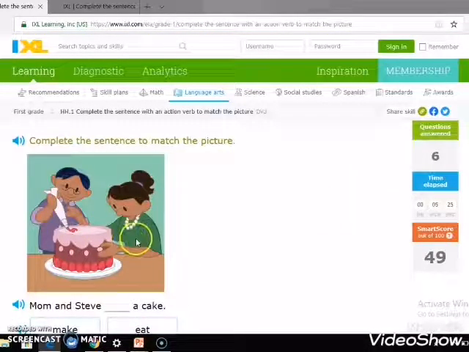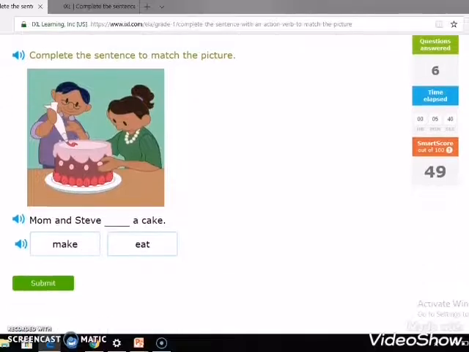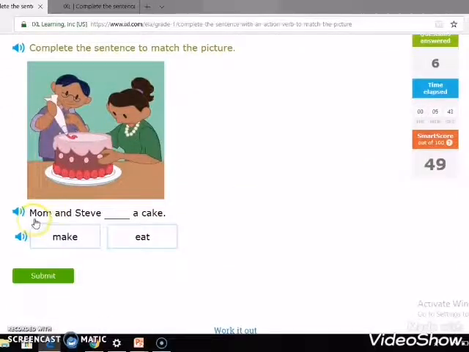Okay, here we have Mom and Steve, a cake. We have two people. So what do we say? Do we add an s to the verb or no s? Mom and Steve, there are two. Not one, there are two.